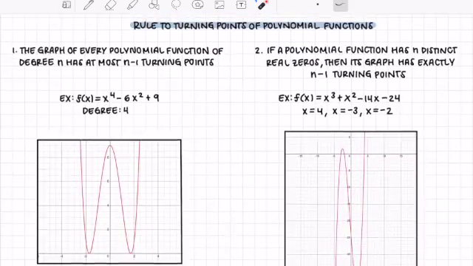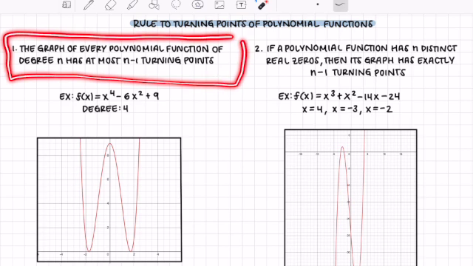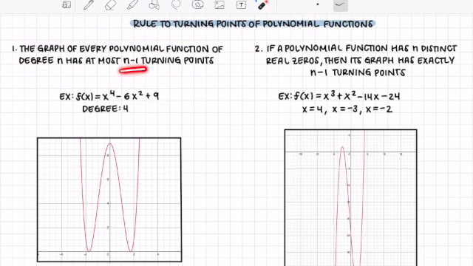And so there are a few rules for turning points in a polynomial function that we should check out. The first rule: the graph of every polynomial function of degree n has at most n minus 1 turning points. So let's say you have the polynomial function f of x equals x to the power 4 minus 6x squared plus 9.